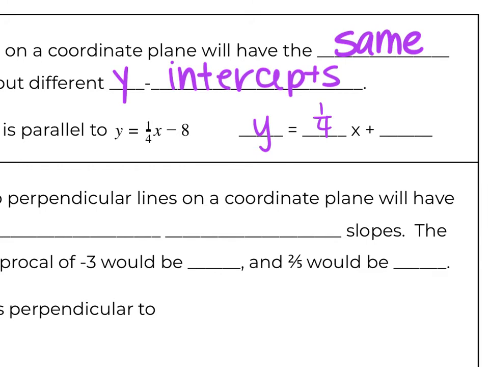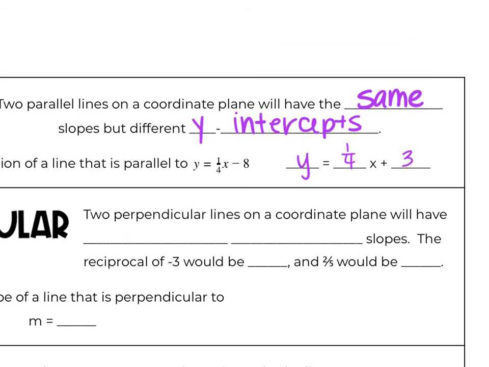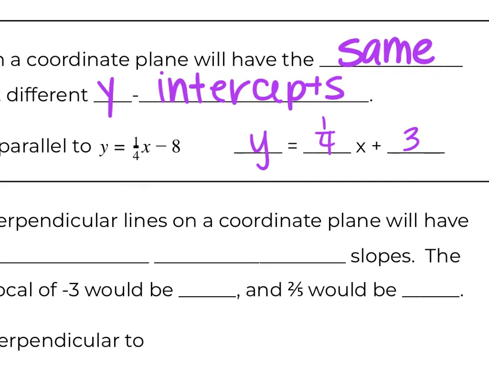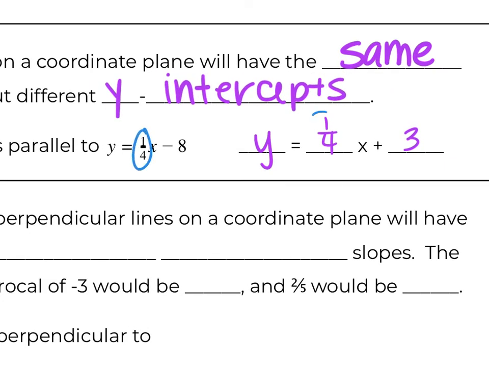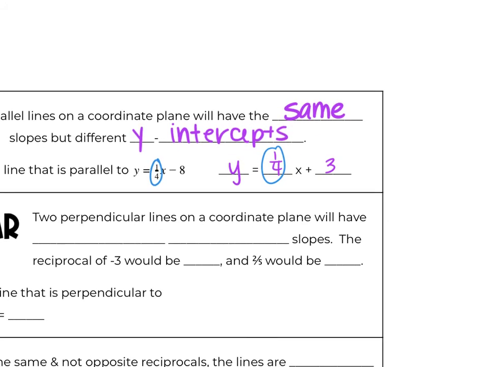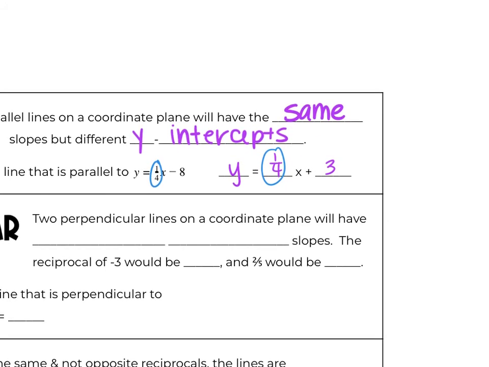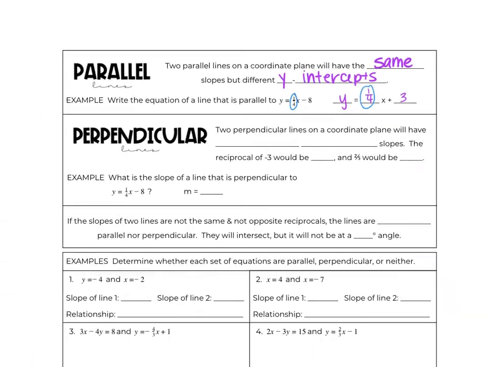Alexis, pick another number for our y-intercept. What? Yep, anything. 3. That works. Except I had 3. Okay, so as long as the slopes are the same, okay? So 1/4 here, 1/4 there. That means they're parallel, okay? Because they're going to be following the same distance from each other as they go up the graph, all right?